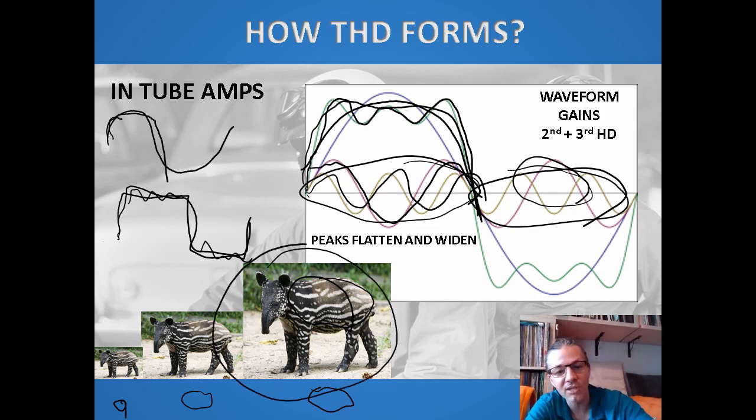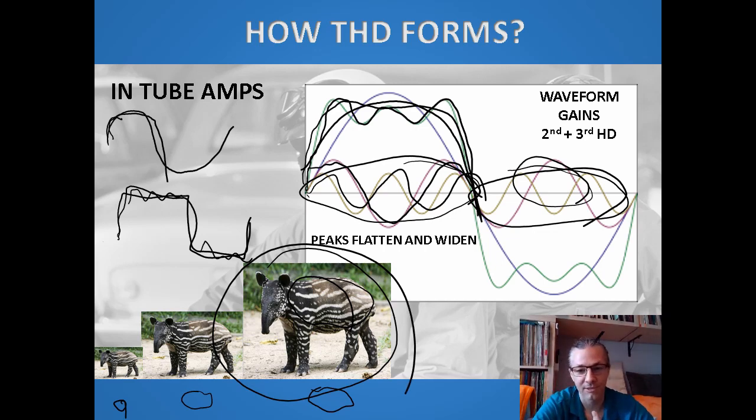The average overall envelope of the sound, the character of the sound doesn't change, it just gets a little fatter. But the same thing happens all across the frequency range. So there is no difference between low frequency treatment, high frequency, mid-range.